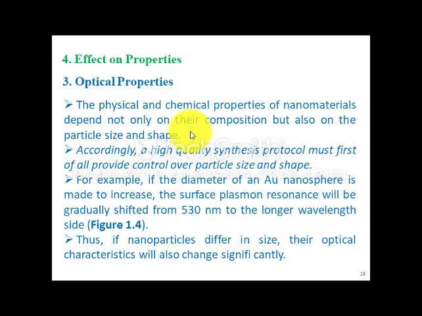A high quality synthesis protocol must first of all provide control over particle size and shape. For example, if the diameter of gold nanosphere is made to increase, the surface plasma resonance will be gradually shifted from 530 nanometer to longer wavelength sides.